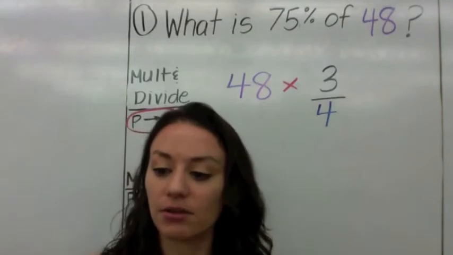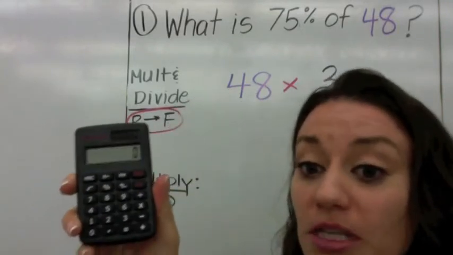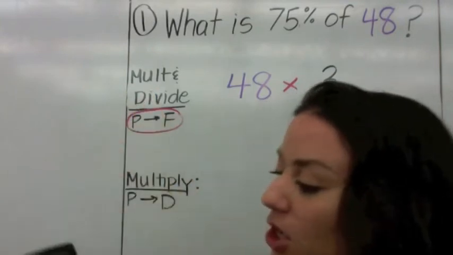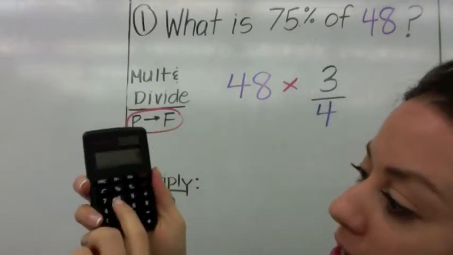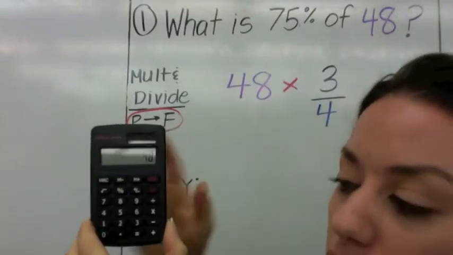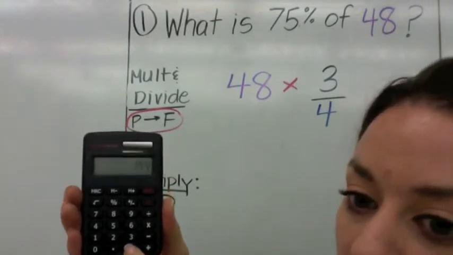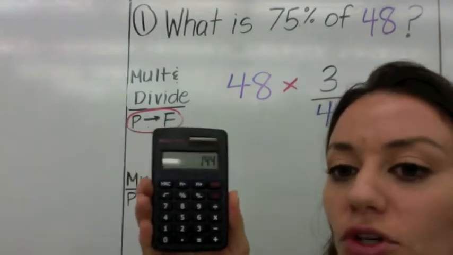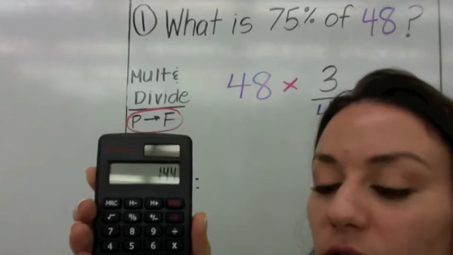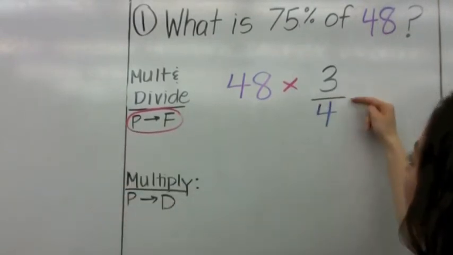Now in a calculator, let's go ahead and do this. Okay. The first thing you're going to do is multiply, right? You're going to say 48 times the numerator. What's the numerator? The numerator is 3. Then you are going to press equals. Okay. So first you would multiply it by 3, which would give you 144. Okay. Then what do we have to divide it by?